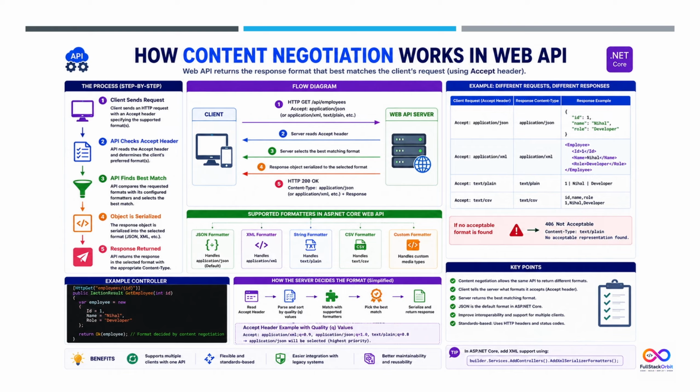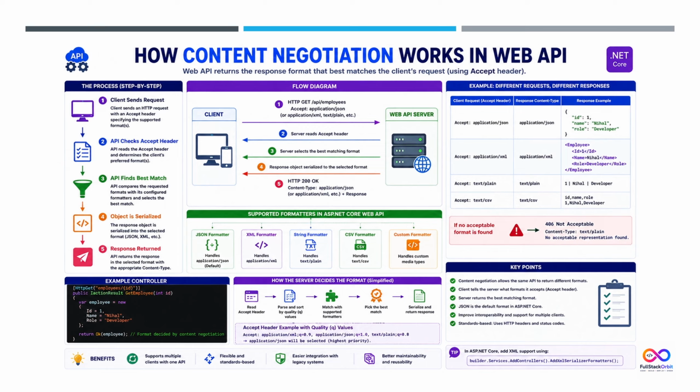In scenario 2, if suppose client requests for the XML, client needs to mention application slash XML and server responds with content type colon application slash XML, and in response we will get the data in XML format. Only the response format changes.